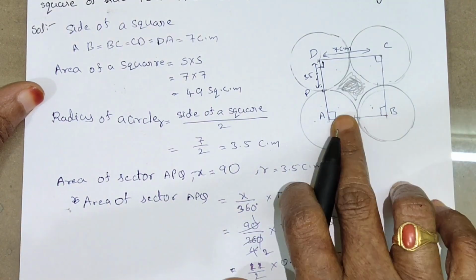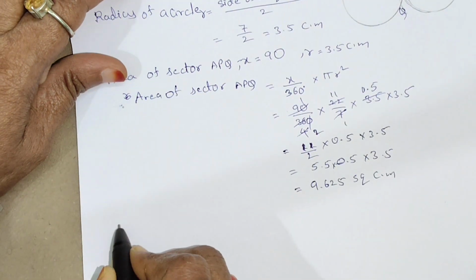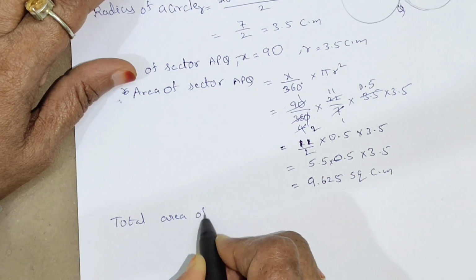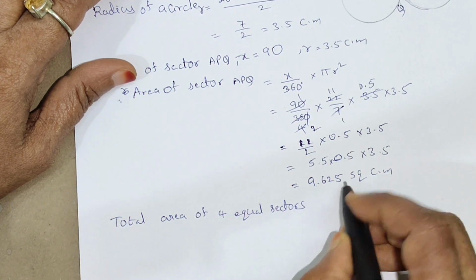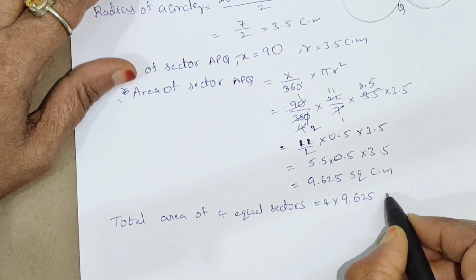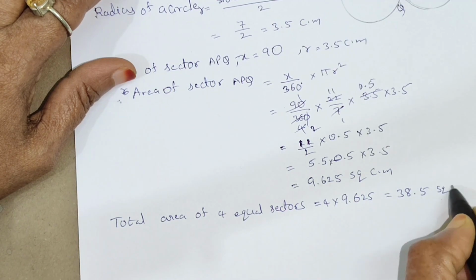There are 4 sectors, so the total area of 4 equal sectors is 4 into 9.625, which equals 38.5 square centimeters.